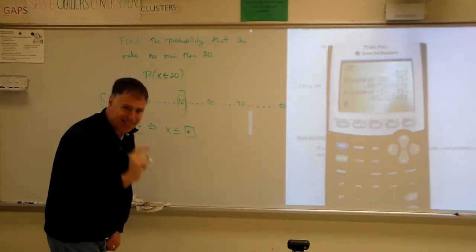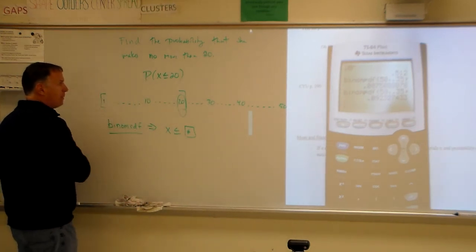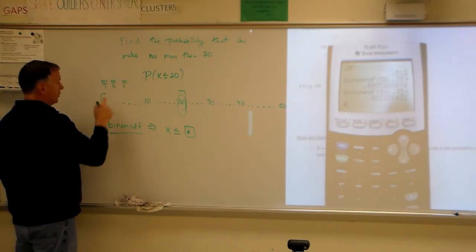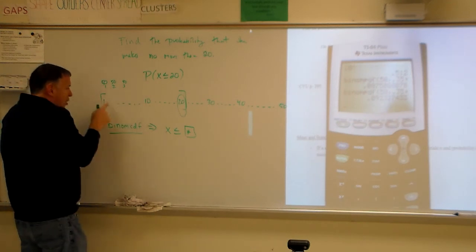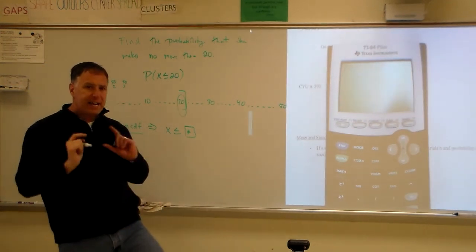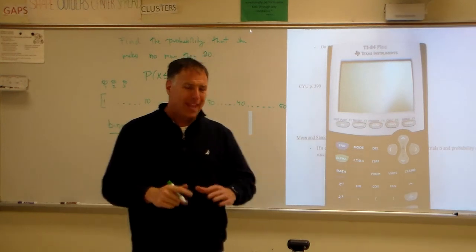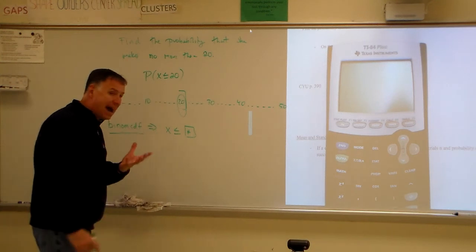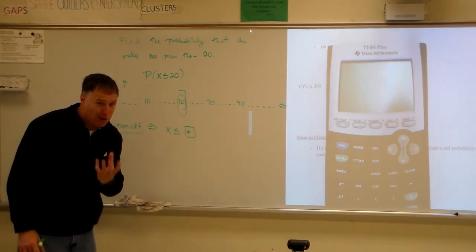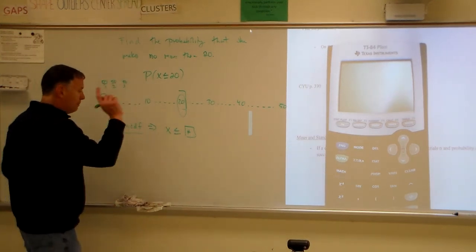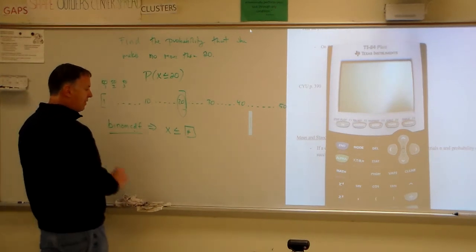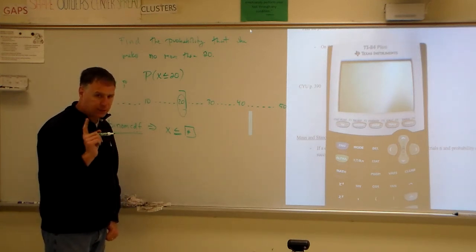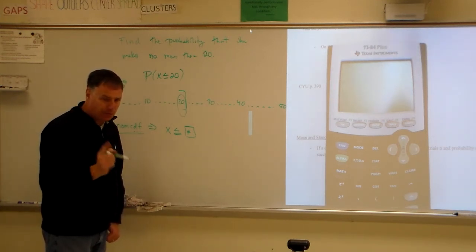It takes all these probabilities, 50 choose 3, 50 choose 4, 50 choose 5, all of those little probabilities that you could find each one doing binom PDF, and adds them together for you, which is a great power of the calculator. But remember, binom CDF is for x is less than or equal to. That's what it's designed for.